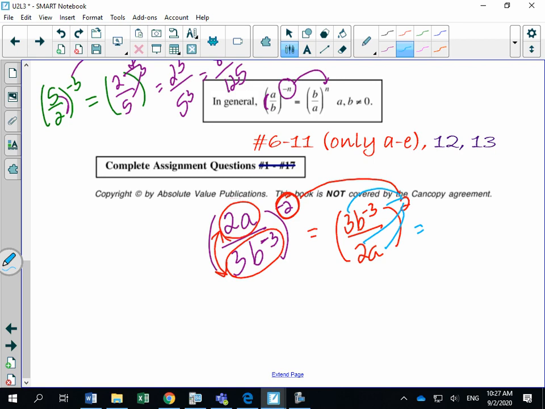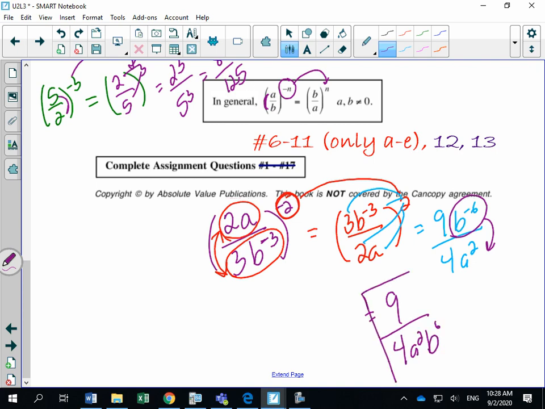So 3 to the power of 2 is 9. Power to a power for my b's is going to be negative 6. 2 to the power of 2 is 4, a squared. From this point here, I could now deal with this negative 6. I need to bring that guy down. So this final answer would be 9 over 4a squared b to the 6.